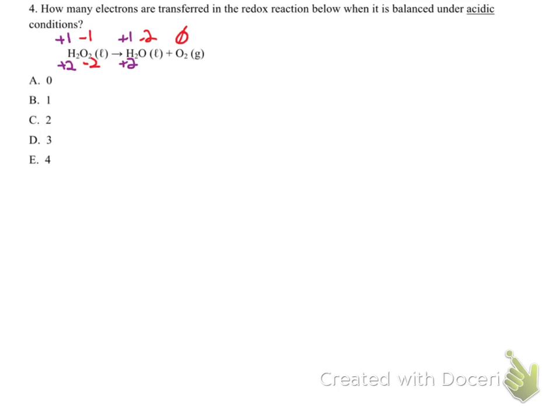So, what's being reduced here? Well, look for what element goes from a higher number to a lower number, quite literally reduced. And we can see that the reduction half reaction is going to involve H2O2 turning into H2O.